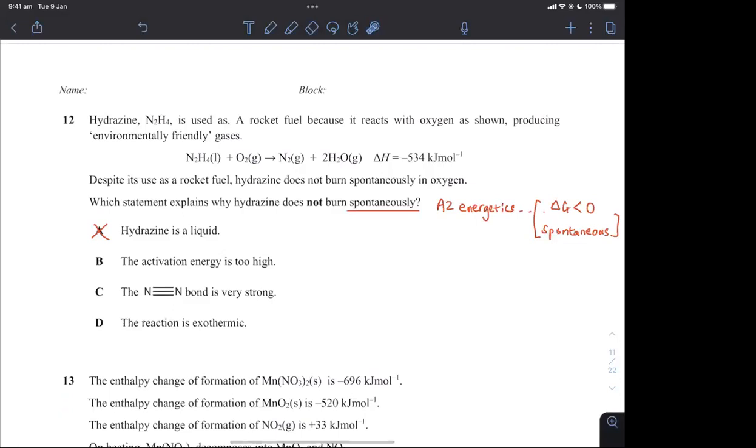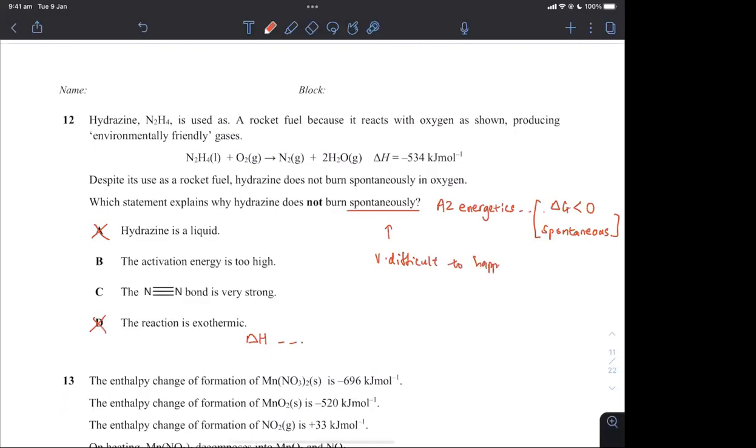I can tell you D is definitely wrong because there's just enthalpy change. Spontaneous means it doesn't happen on its own. It's not like something just burns spontaneously in oxygen because it's flammable. But some stuff is not flammable. They don't burn spontaneously because it's very difficult to make it happen.